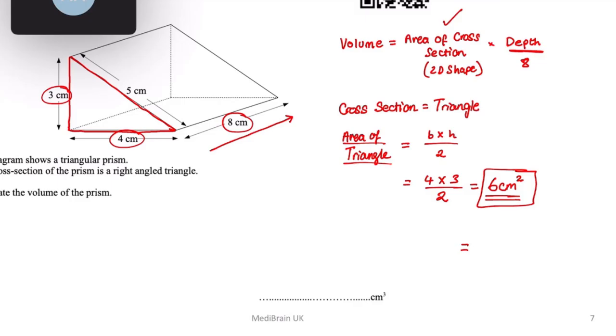So we're going to have 6 multiplied by 8, and that gives us 48 centimeters cubed. Volume is always going to be in cubed. Area is in squared, and normal length is just centimeters. So the total volume of this prism is 48 centimeters cubed.